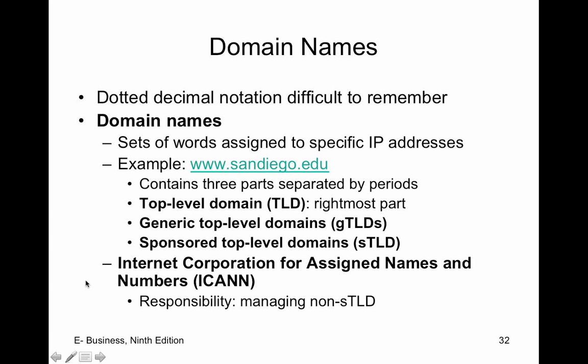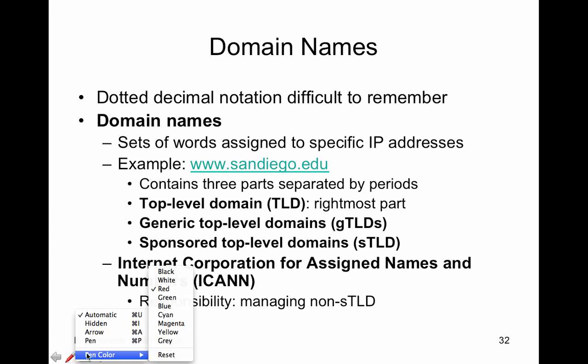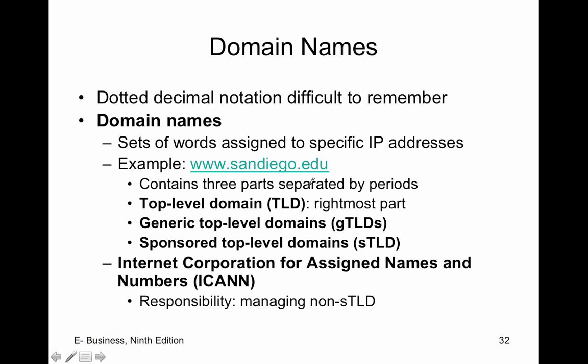It's important to remember that this address here is divided into three parts. The first one here is what you call the top level domain, and then this San Diego here is what you call the second level domain, and www is normally the host, so that is the actual computer.